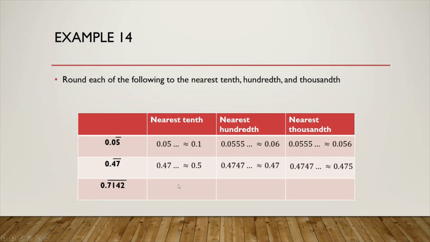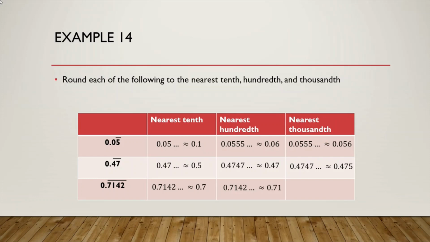Now with this last one, since it goes all the way up to 10 thousandths, I can just use that. So 1 would indicate rounding down, so that'd be 7 tenths. That 4 in the thousandths place indicates rounding down, so the 1 would stay where it's at.